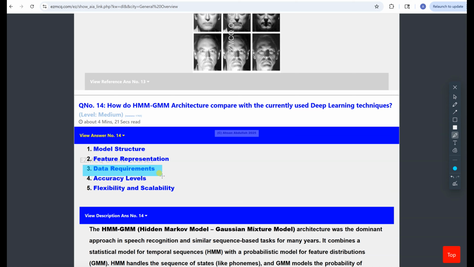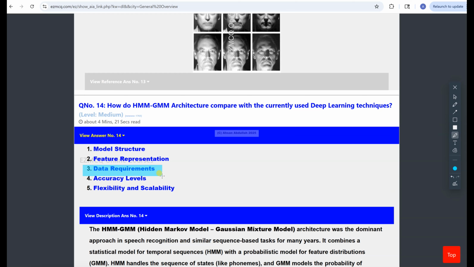As opposed to them, deep learning methods typically require large volumes of labeled data to train effectively. I've shown you a picture or a diagram also. So what is the plus side? It benefits from data richness, diversity, and volume, and that results in improved generalization and better performance.